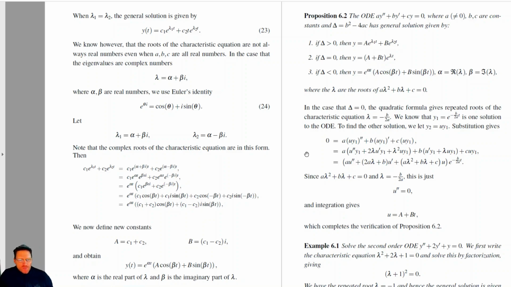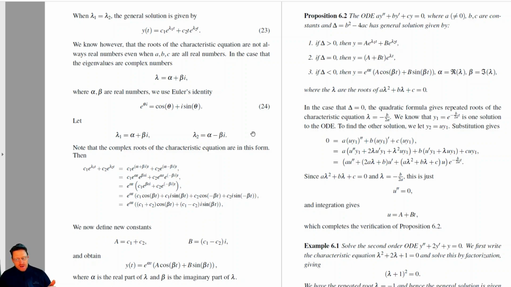So we have a real part alpha and an imaginary part beta. Alpha and beta are both real numbers. Okay, now let's use Euler's identity. e to the theta i is cos theta plus i sine theta. Suppose we have lambda 1 is alpha plus beta i, and lambda 2 is alpha minus beta i.